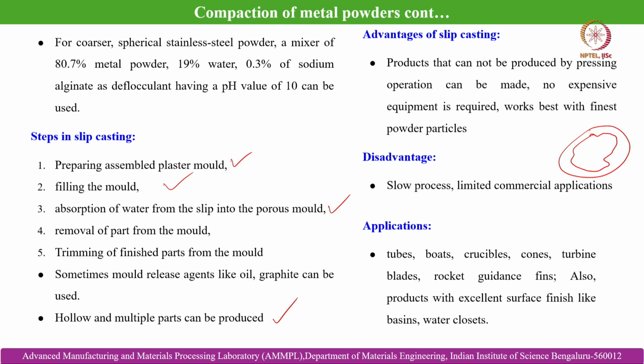So, the applications can be tubes, boats, crucibles, which are generally used for other sintering techniques as a carrier for the samples, and it is also used for turbine blades and rocket guidance fins. Also, products with excellent surface finish like basins and water closets that we generally use in our daily life are manufactured by the slip casting route.